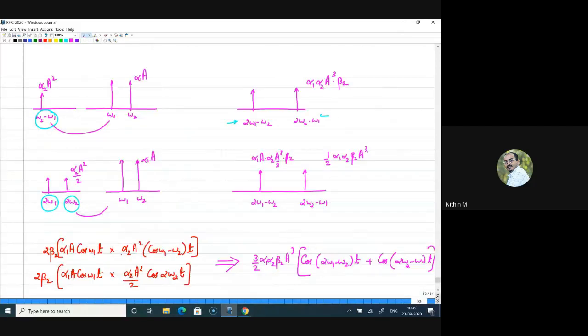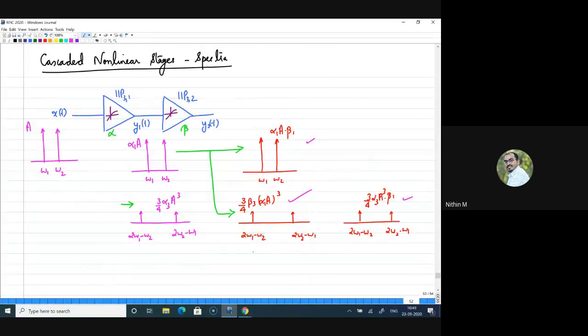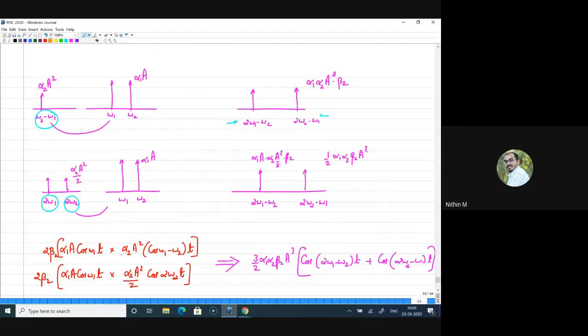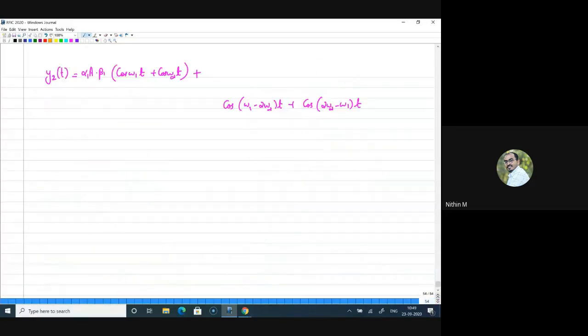So with that, I arrived at three components appearing at 2 omega 1 minus omega 2. One is this. Second one is this. And the third one is actually produced by combining these two. So together I am writing it as 3 by 2. I hope this is clear.